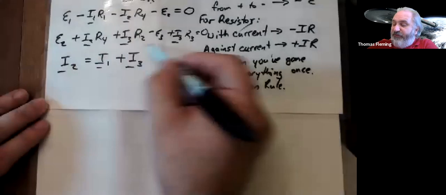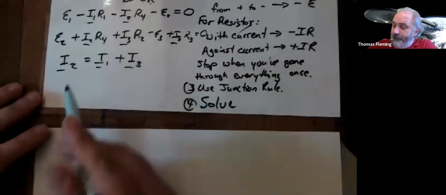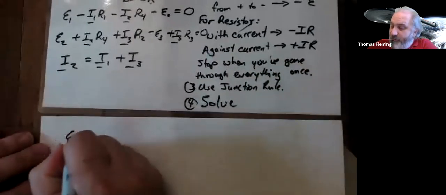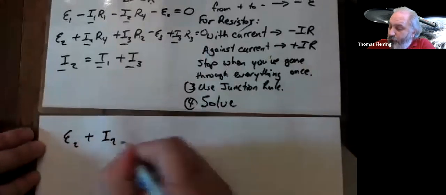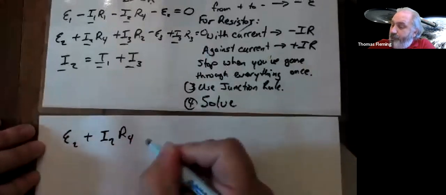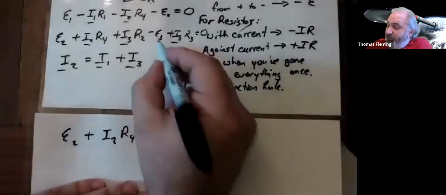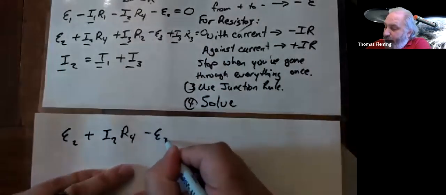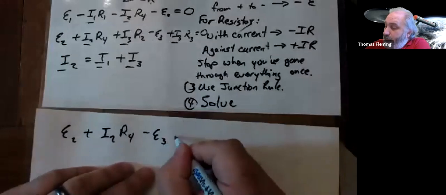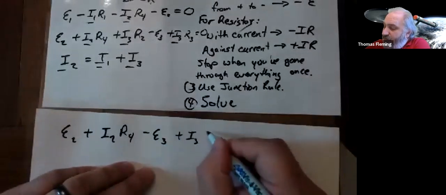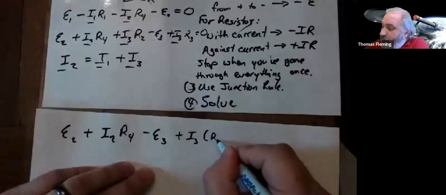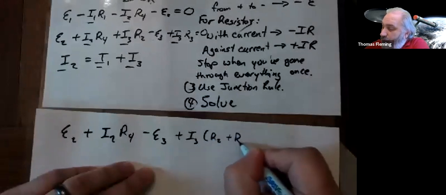So I'm going to rewrite that second equation as EMF2 plus I2 R4 minus EMF3 plus I3 times R2 plus R3.